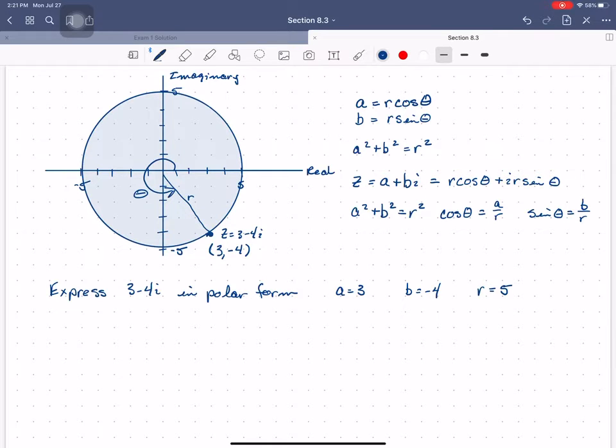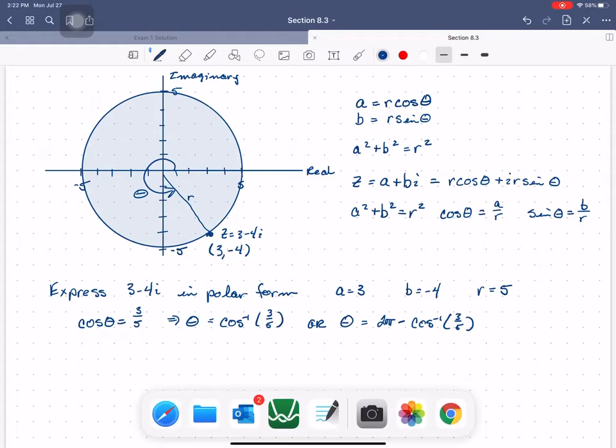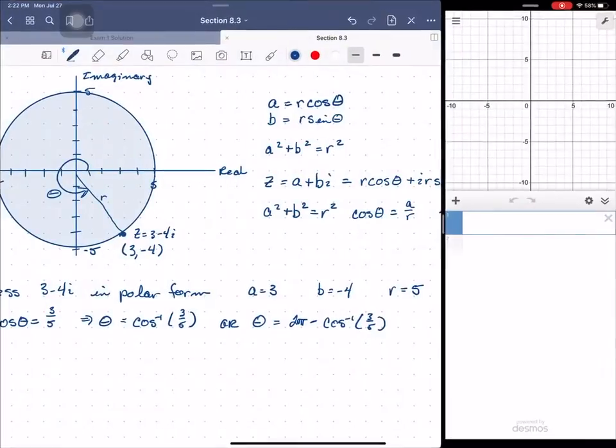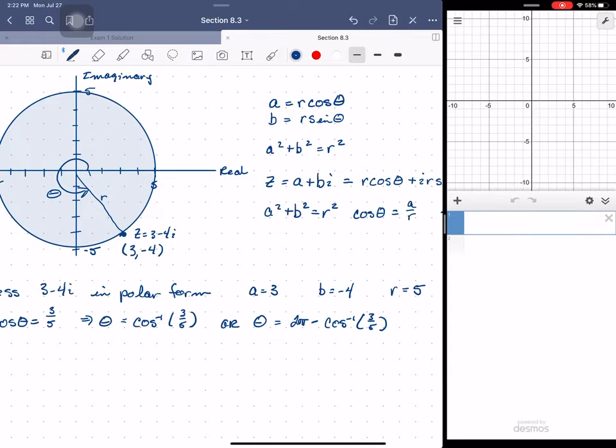That means that we know that the cosine of theta is equal to a over r, which is 3/5. So theta equals the inverse cosine of 3/5. Or remember that theta also equals 2 pi minus that value, because inverse cosine only gives us the top half of our unit circle. So let's use Desmos. We're always going to do this work in radians.